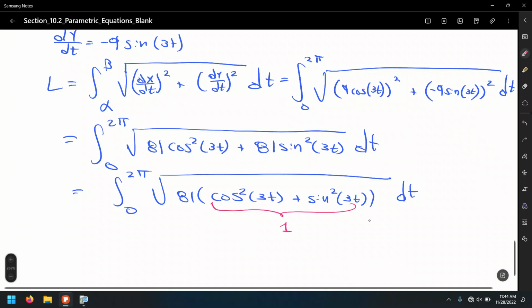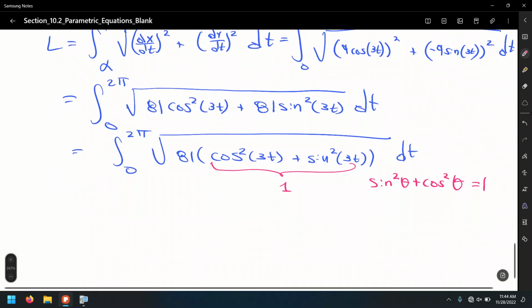I know you might have learned sine squared theta plus cosine squared theta equals 1. That's the basic identity that you might have learned. However, this identity still holds whenever the two angles are the same, even if they're written in the reverse order, because we have an addition of terms. Sine squared plus cosine squared is the same as cosine squared plus sine squared. It doesn't matter.